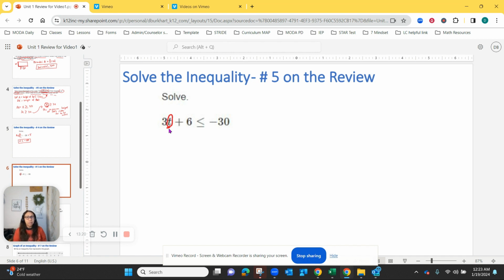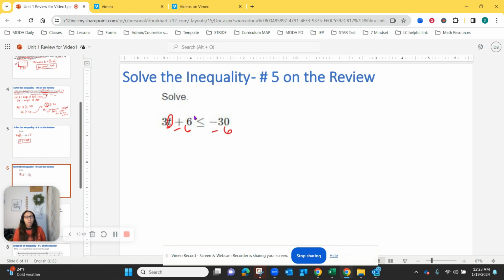So instead of doing the inverse of multiplying or dividing first, we are going to do the inverse of adding 6 first. So we have to get rid of that adding 6 by getting its inverse. The inverse, meaning the opposite of adding 6, is subtracting 6. So what you do on one side, you have to do on the other side.